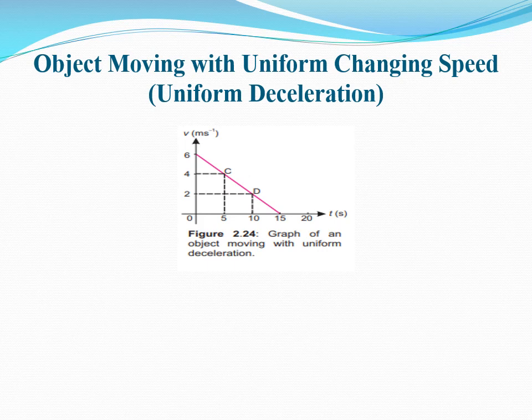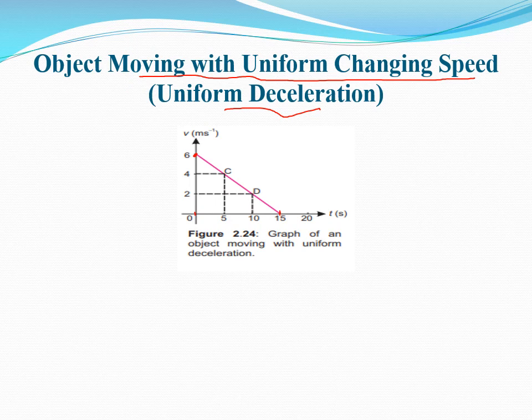Now the last situation in this speed time graph is when an object is moving with uniformly changing speed, that is, uniform deceleration. Here you are noticing that the initial velocity of the body is 6 meter per second, and with the passage of time, when time goes from this point of observation to here, after 15 seconds, the velocity of the body keeps on decreasing.